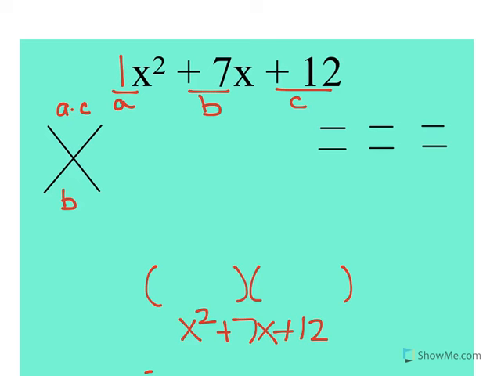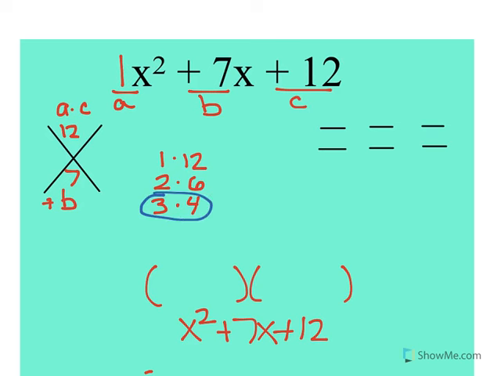Well, a is 1, c is 12, 1 times 12 is 12. And the two numbers that I pick need to add up to 7, because that is our b number. So let's think about two numbers that multiply to 12. We could do 1 times 12, 2 times 6, and 3 times 4. There are three different ways to multiply to 12, but only one pair of those numbers will add to 7.